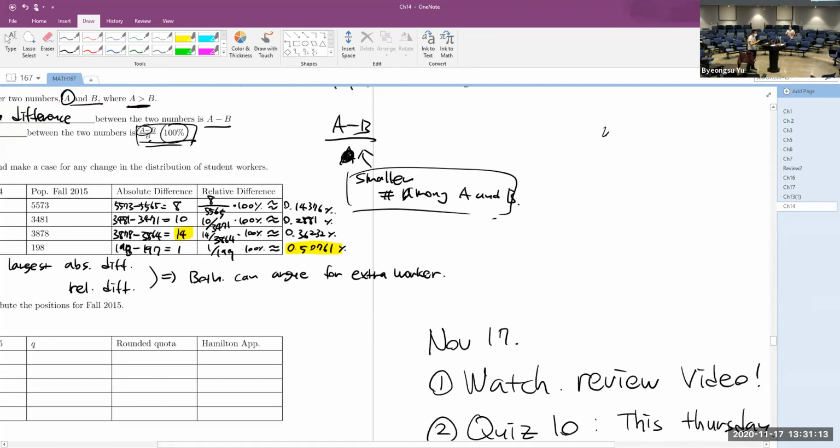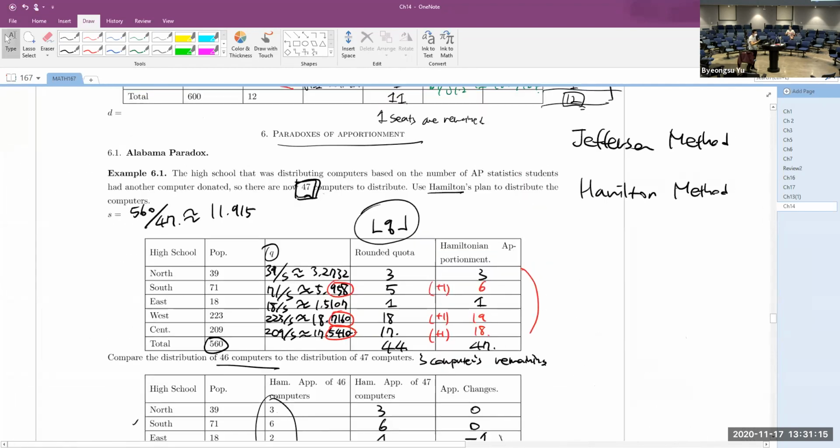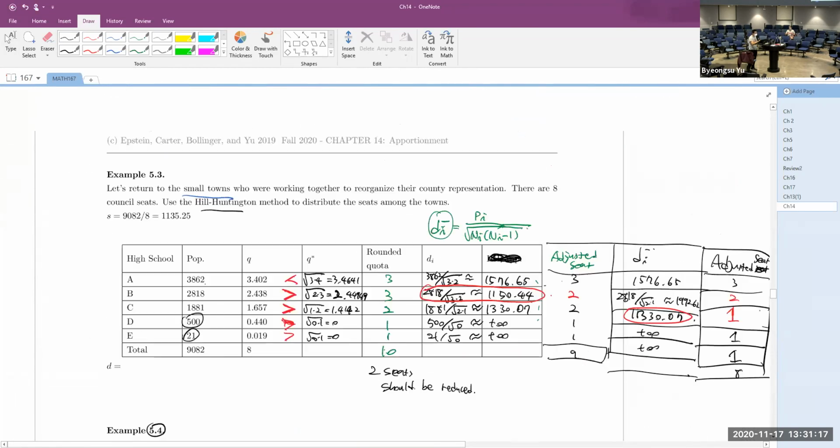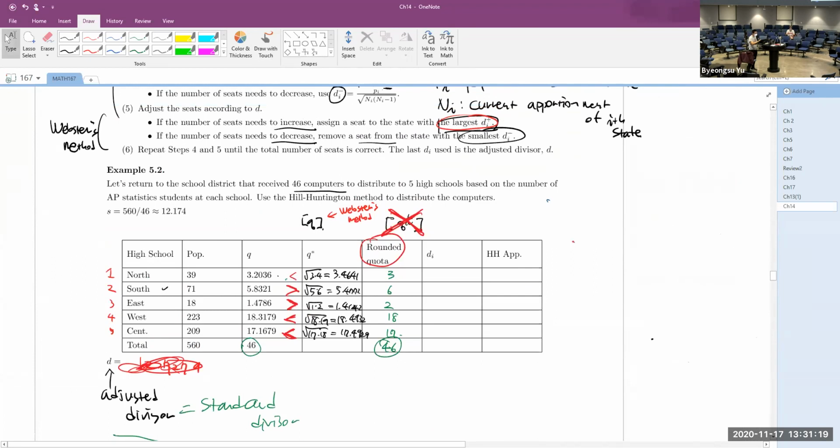So I want to emphasize it again. What I explained last time was that when we use the Hill Huntington method, we need to round up this Q star, right? But that's not true. That was my mistake last time.